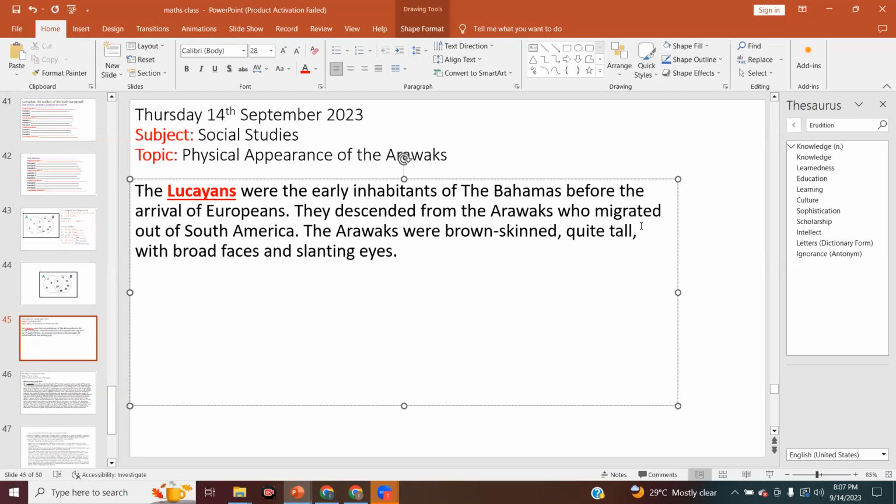Okay. Please write it down. Again, write this down. Their hair. So they had straight hair. Straight black hair. Okay.